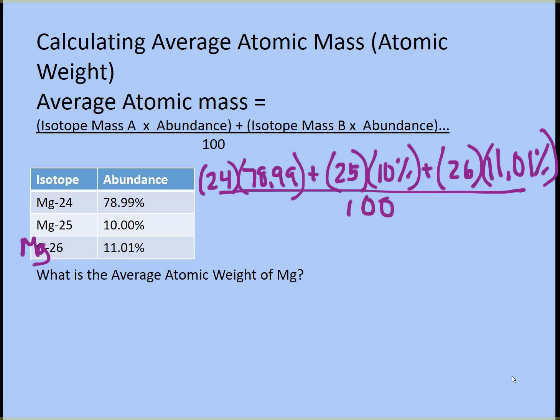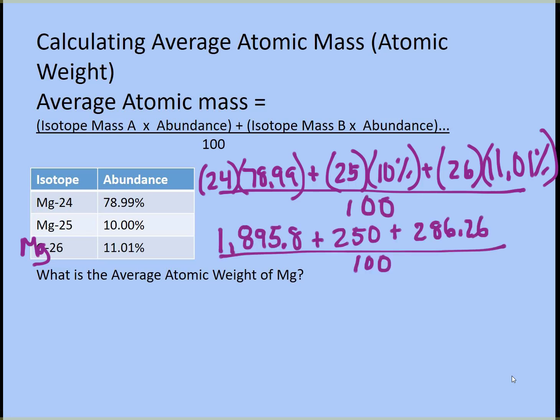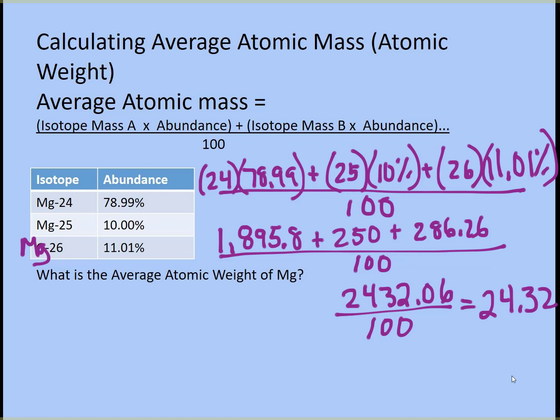So when we do the math, I get 24.32 atomic mass units.